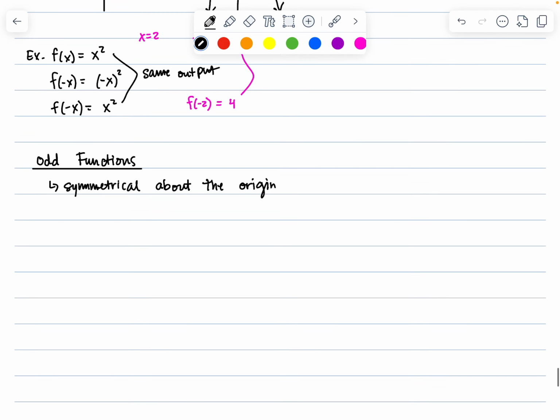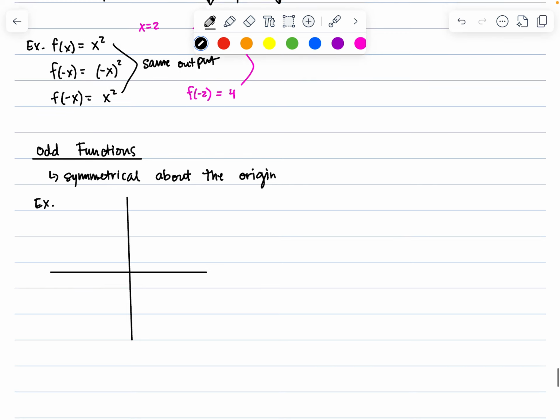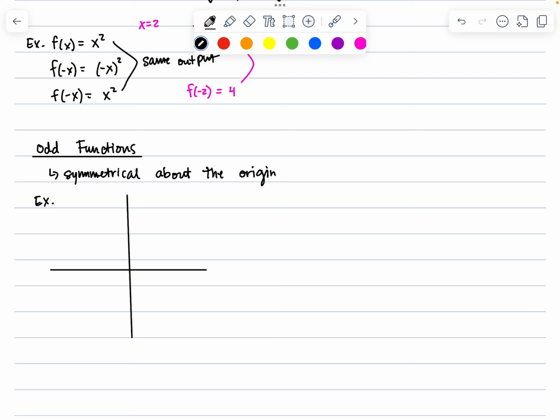So, if for instance we have a graph, quick example, two graphs, a linear function can be represented this way, except this one has to go through the origin. Okay?